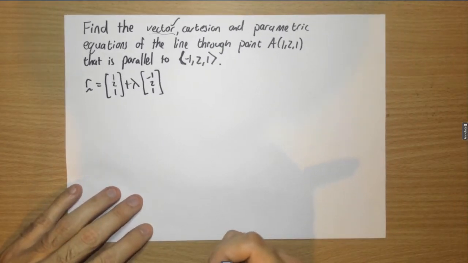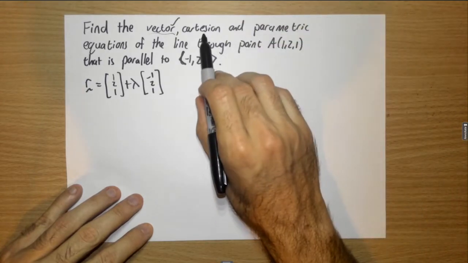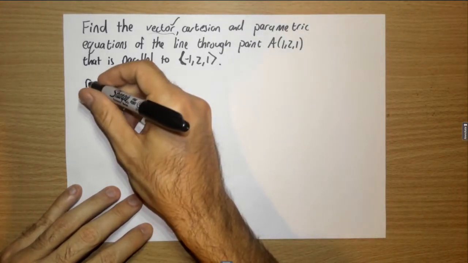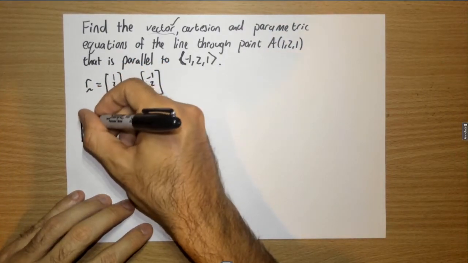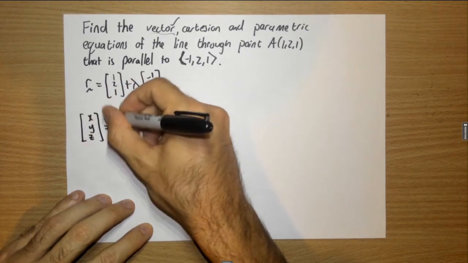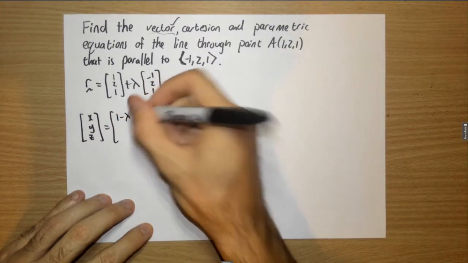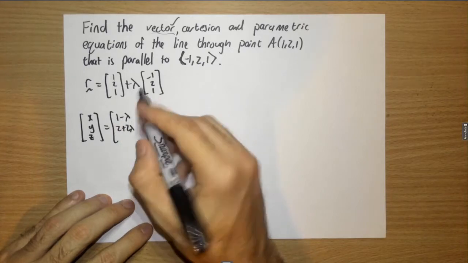The next part we have to do is look at the parametric equation. They've said do Cartesian second, but I'm going to do the parametric one second. We know that we can write our vector r in terms of its x, y, and z components, and we're just going to group together the x components again. So it's 1 take away lambda, 2 plus 2 lambda, 1 plus lambda.